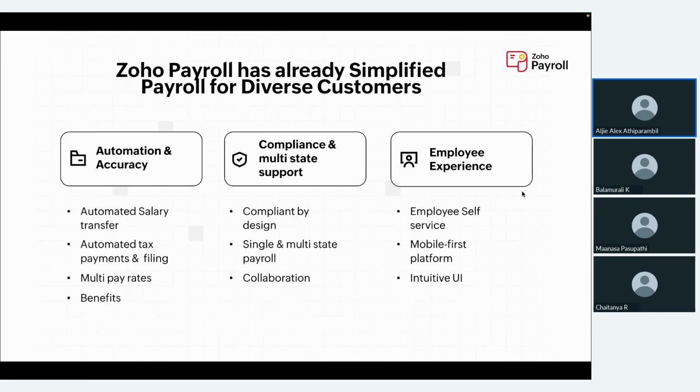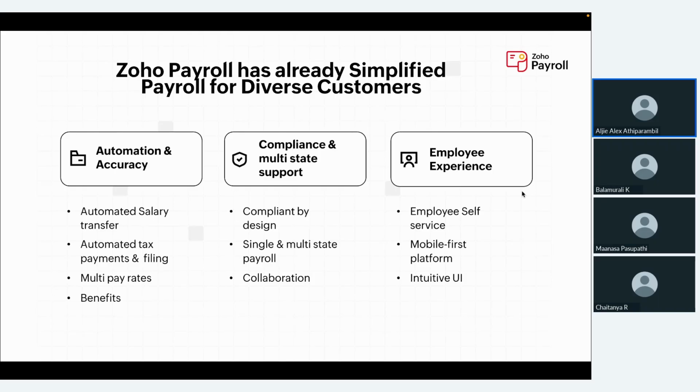So now let's talk about Zoho Payroll itself. It's designed to simplify payroll for businesses of all sizes, especially those with multi-state operations. Now here is what it delivers. First comes automation and accuracy. Zoho Payroll automates salary transfers, tax payments, and filings.